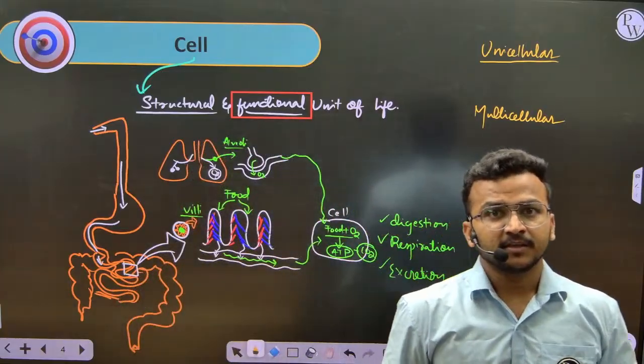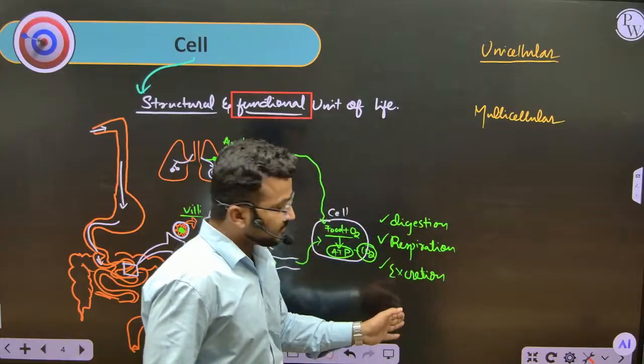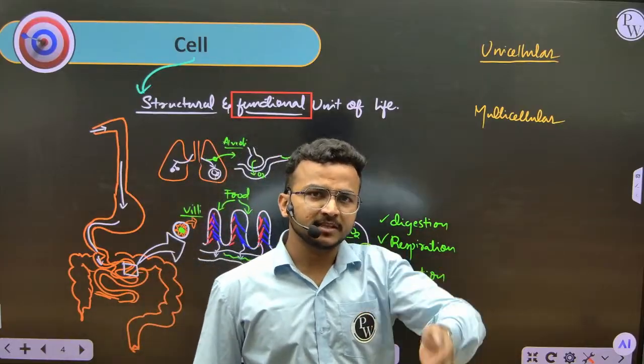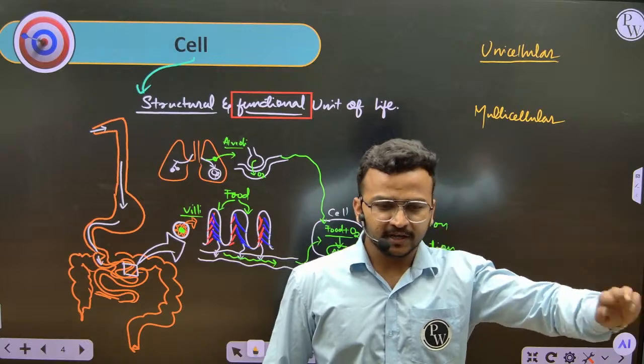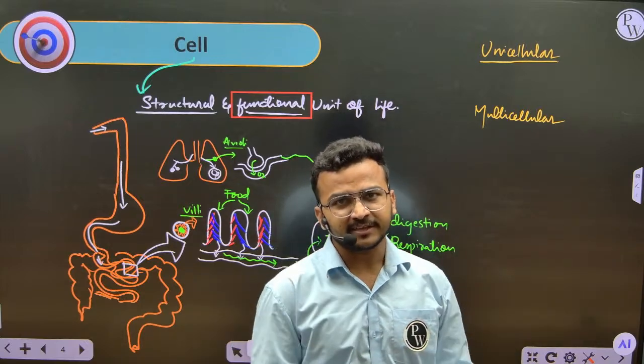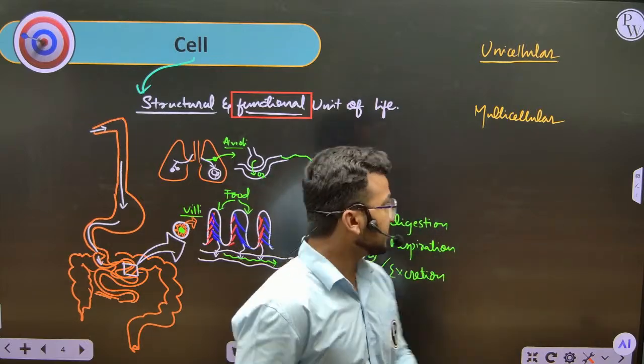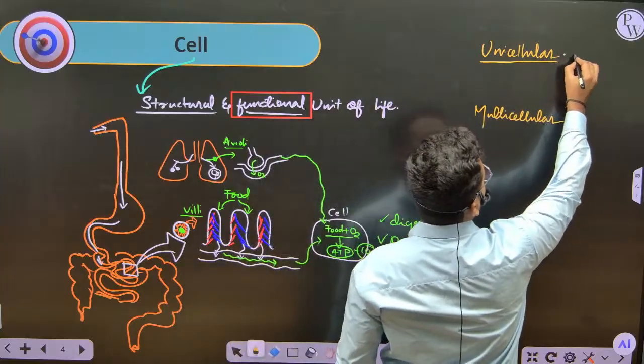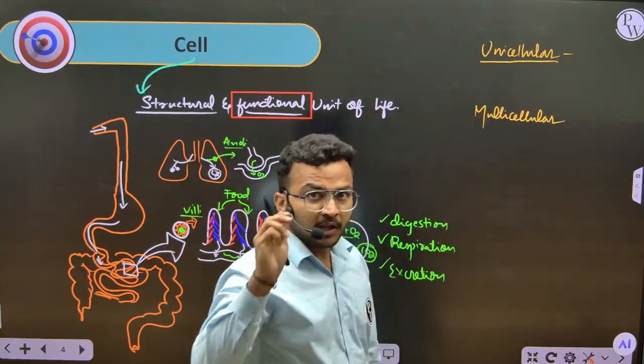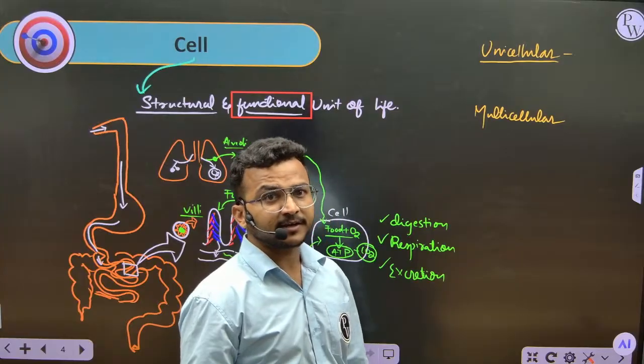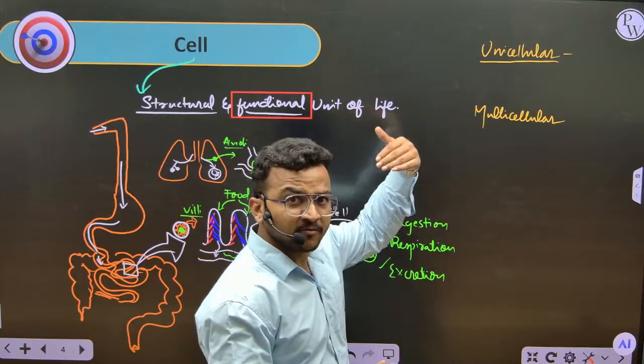All these functions take place within the single cell, so it receives the food, and everything takes place within the cell there. So all the functions and the structure are of only one cell.